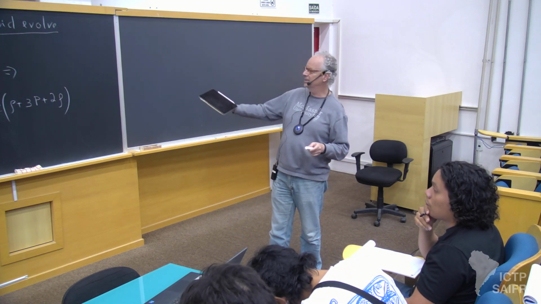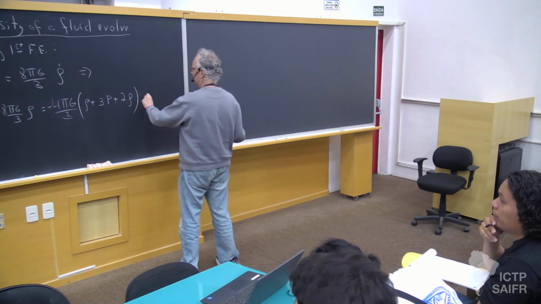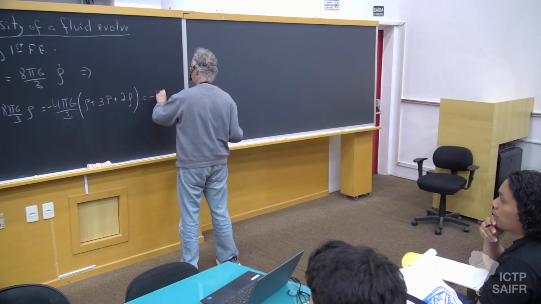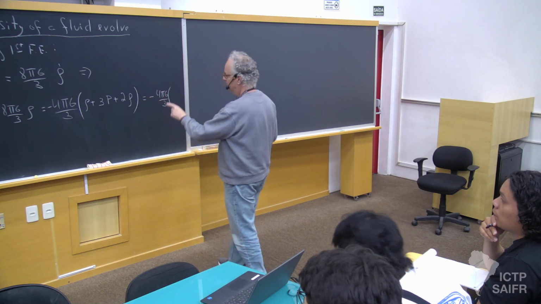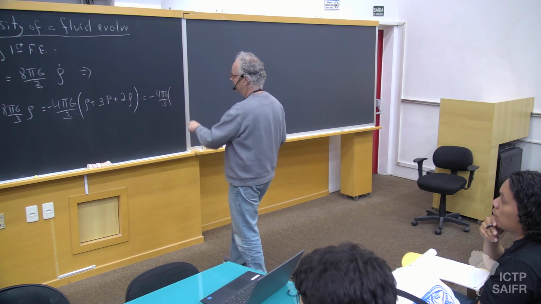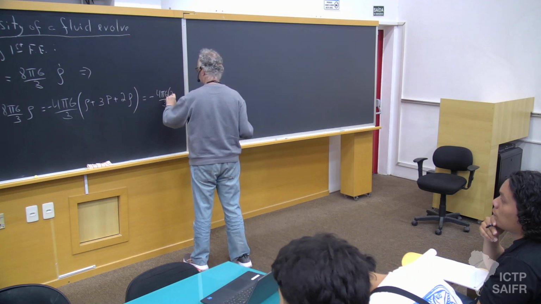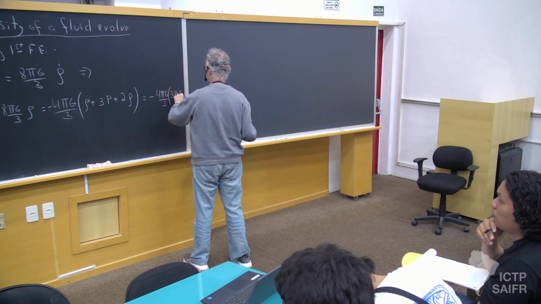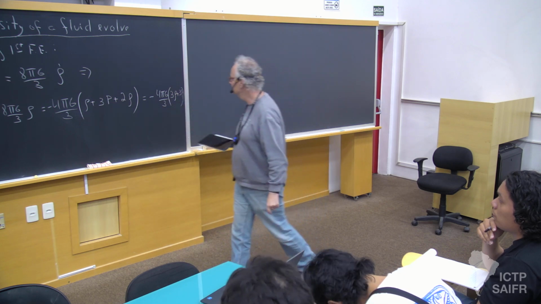Is there any mistake here? So this is minus 4 pi G over 3, and 3 rho plus 3p. So far, so good?